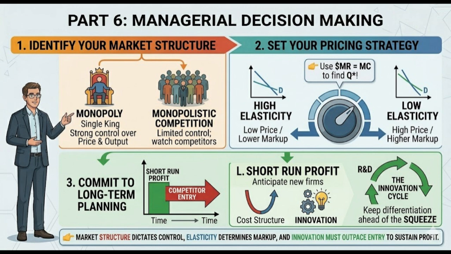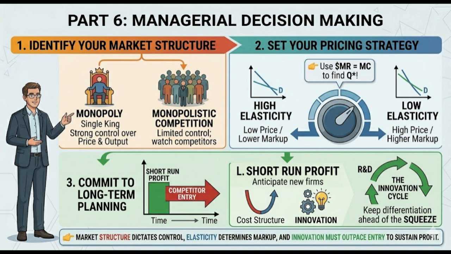So, how does this all boil down to managerial decision making? Let's connect everything and synthesize. As a manager, your decisions depend on, number one, market structure. What it means is monopoly has strong control, and competition has limited control. Second is about price strategy.